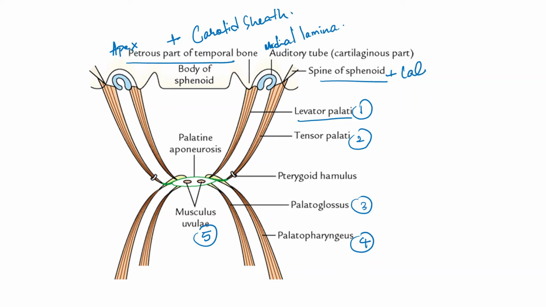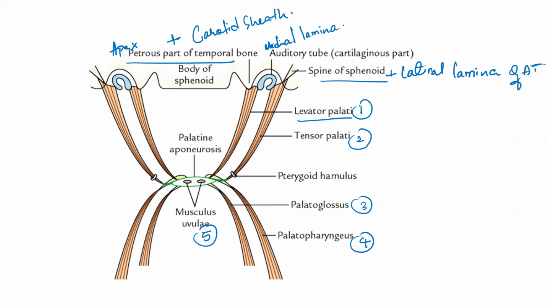So the medial lamina of the auditory tube gives attachment to the levator palatini muscle, whereas the lateral lamina of the auditory tube gives attachment to the tensor palatini. Along with these, the muscle is also seen to take attachment from the sulcus tubae.